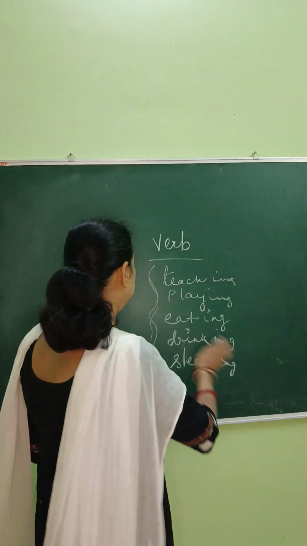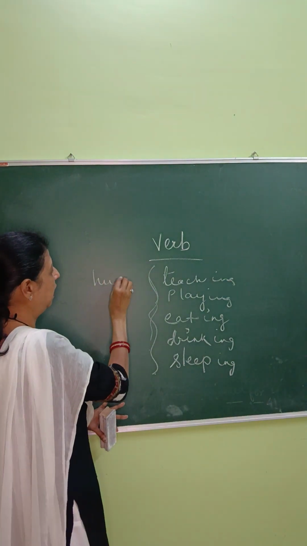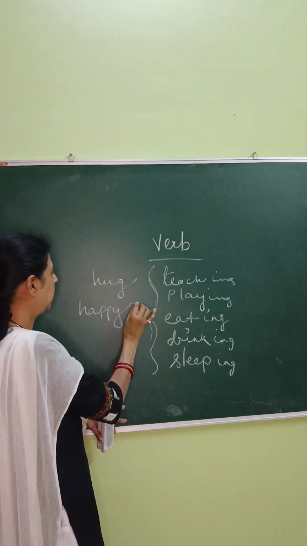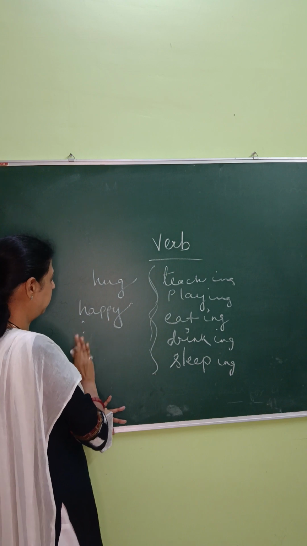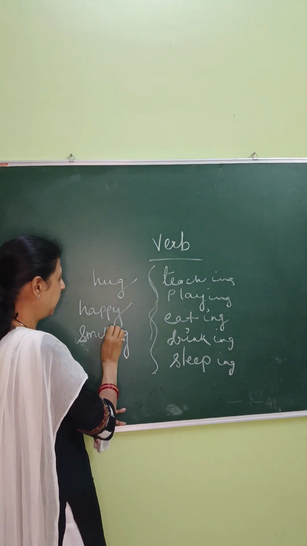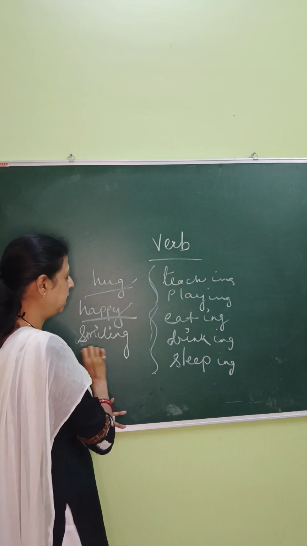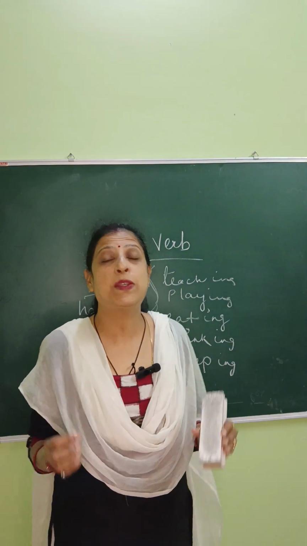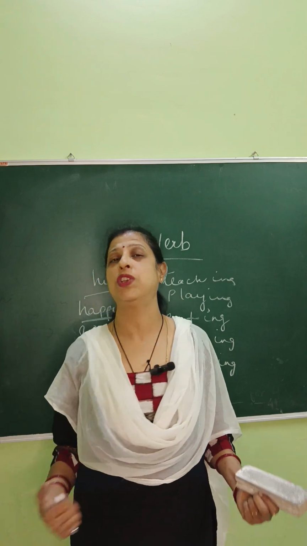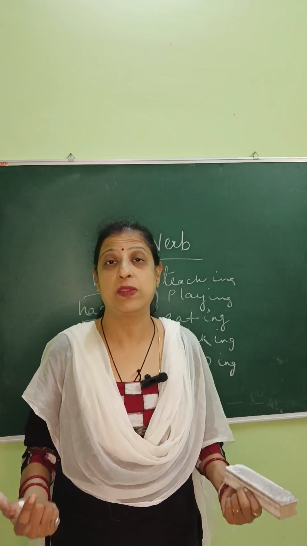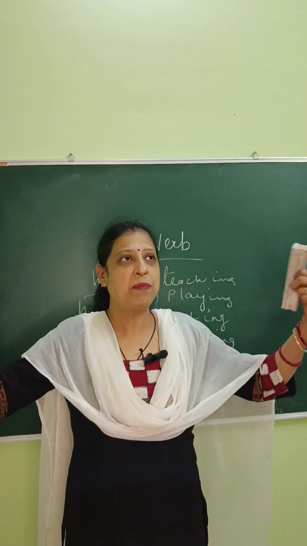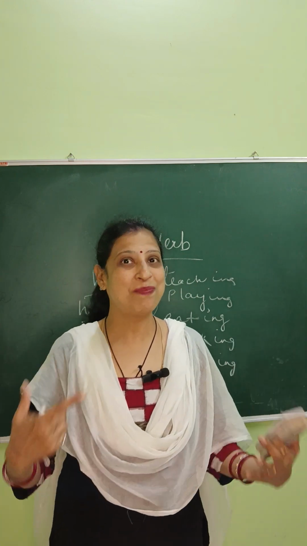For example, we have hug when we are happy, when we smile. Smiling, happy, hug. So these are called expression verbs. These are verbs which we can show through a hug, when we are becoming very happy, when we are smiling.